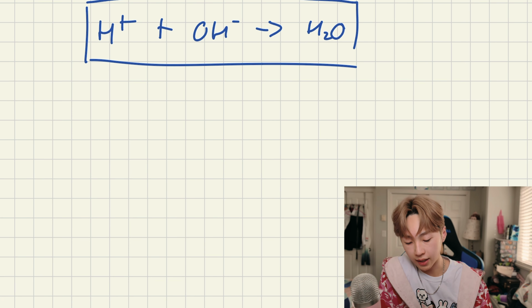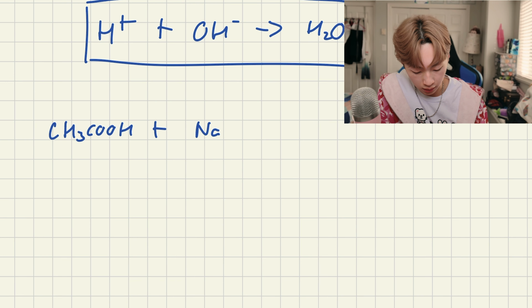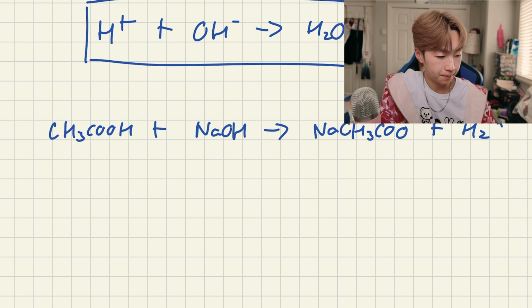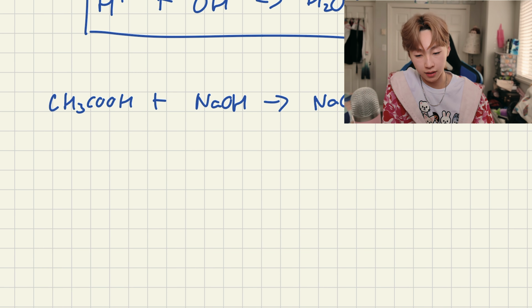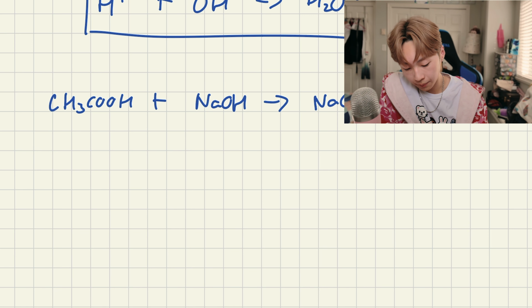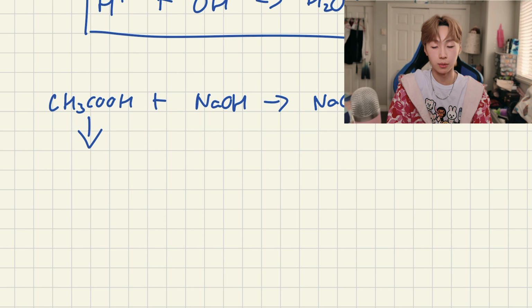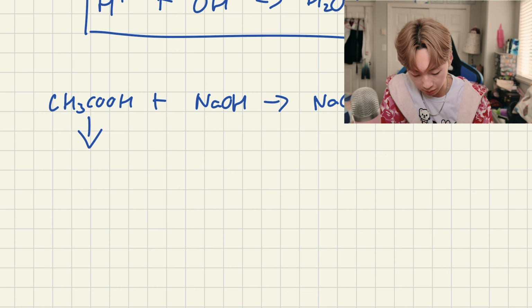But what if you had a weak acid? So say you were combining acetic acid with NaOH. That's going to become NaCH3COO and H2O. Now to get our complete ionic, we're going to dissociate everything. But we can't dissociate our acetic acid fully because we know it's a weak acid. So it's not going to go 100% into its ions. That's why we're going to leave it.